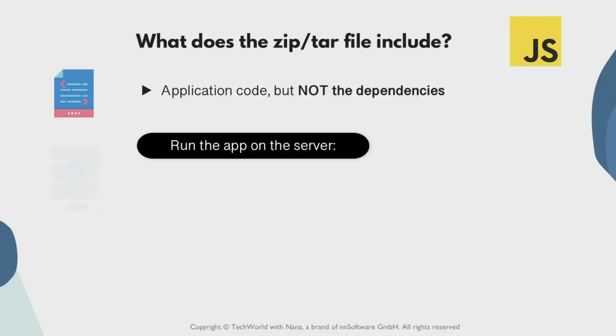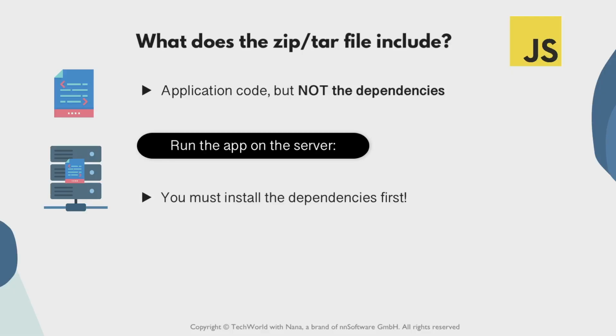And this means that whenever you want to run that artifact, the JavaScript artifact, on a server, you first have to install the dependencies yourself on the server, then unpack that zip or tar file and run the application like you would run it locally using npm run or node command.